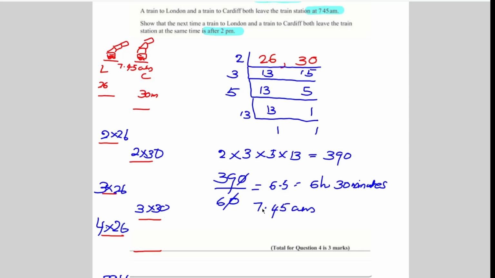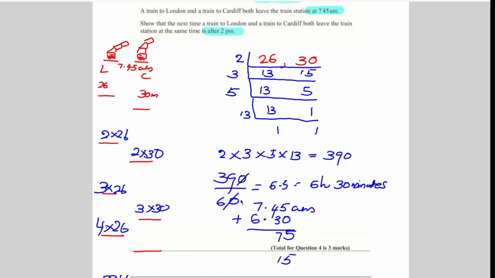Then 7, 8, 9, 10, 11, 12, all the way you have to go 6 hours. So let's add 6 hours and 30 minutes. Let's add. 5 plus 0 is 5, 4 plus 3 is 7, so 75. 75 means we need to take 1 hour to this side, and here we are getting 60 out of this one, leaving 15 minutes.